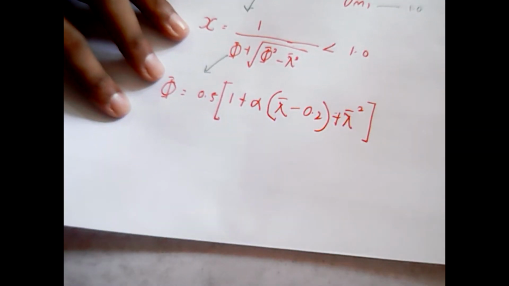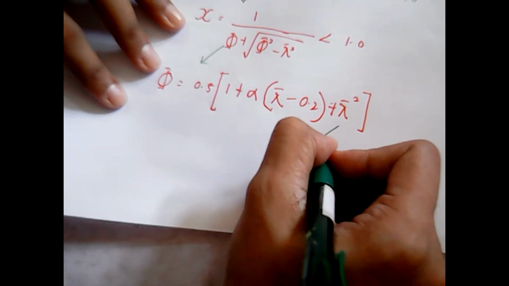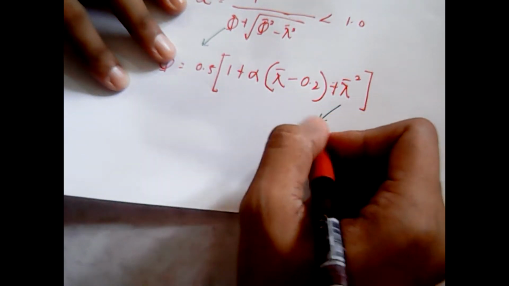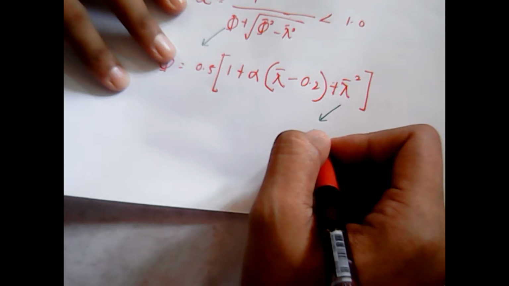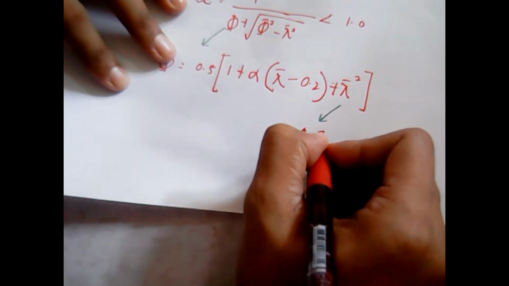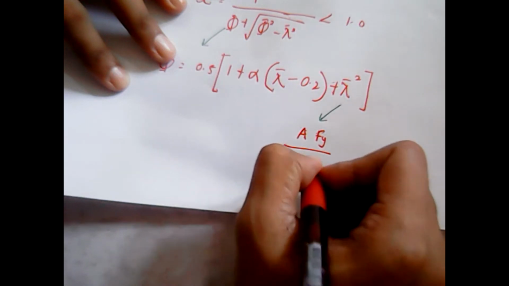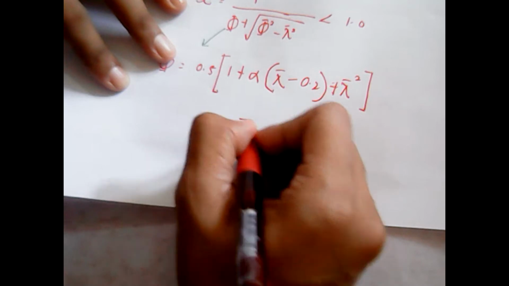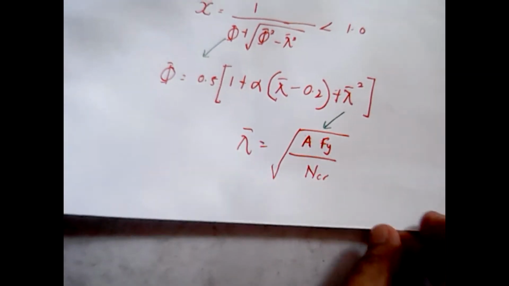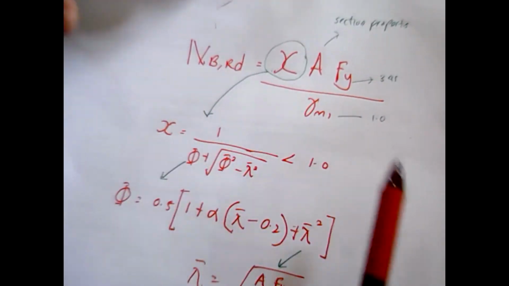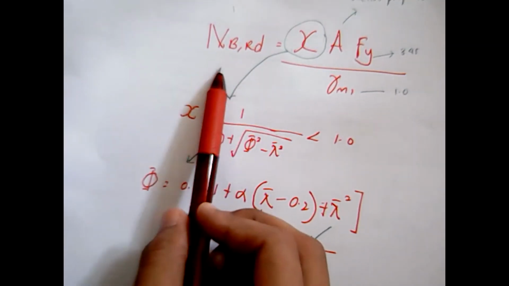Then you need to know lambda bar, which in our case, for class 1 to 3, is the square root of A Fy over NCR. So this is how you get your NBRD.